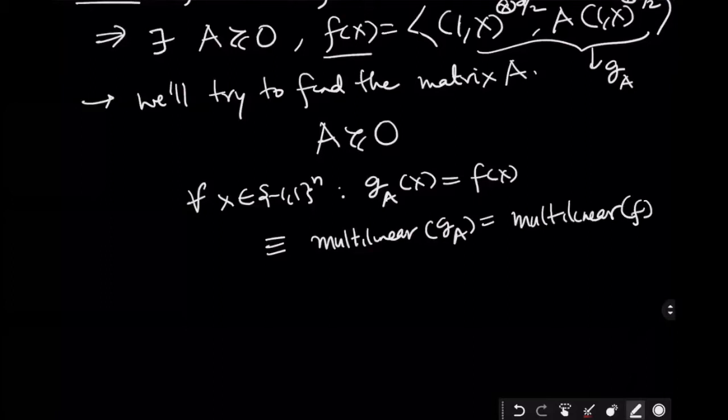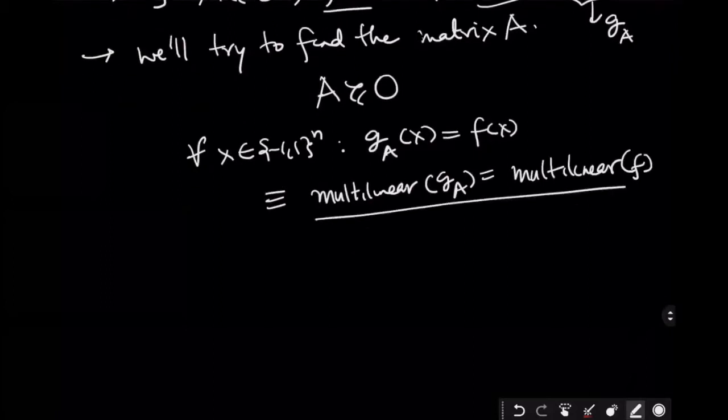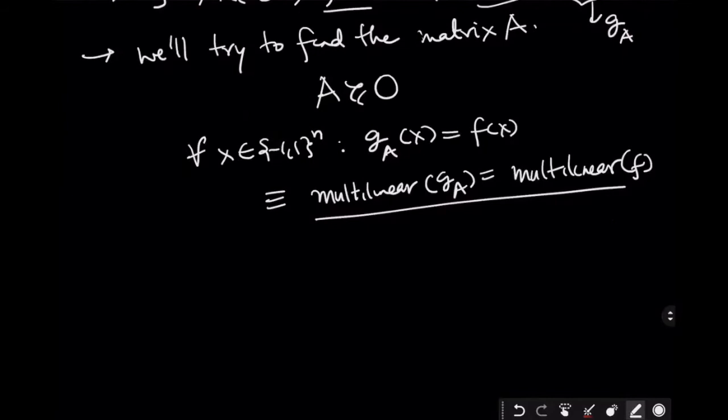Now we can write down simple equality constraints that follow from this. The multilinear polynomial representation for G sub A has coefficients for every possible multilinear degree D monomial. These two polynomials are equal only if all the coefficients match. So we're going to write one equality constraint for every possible coefficient of G sub A and f.